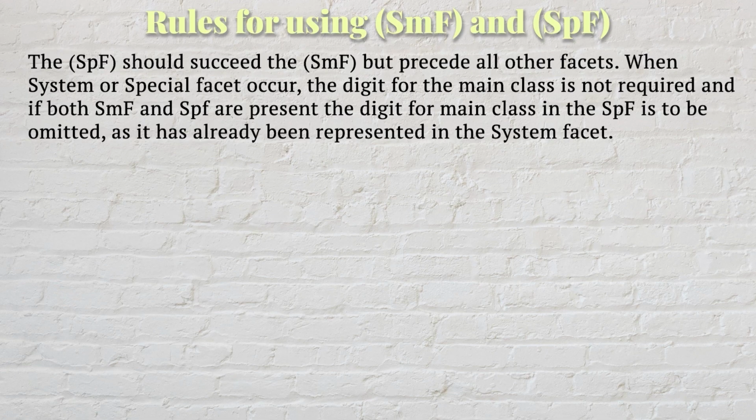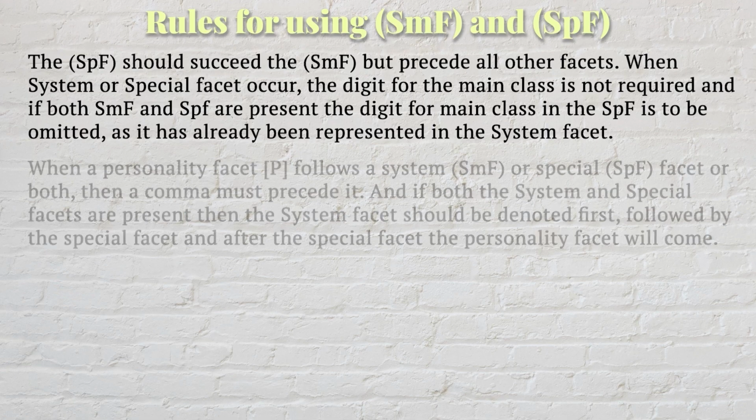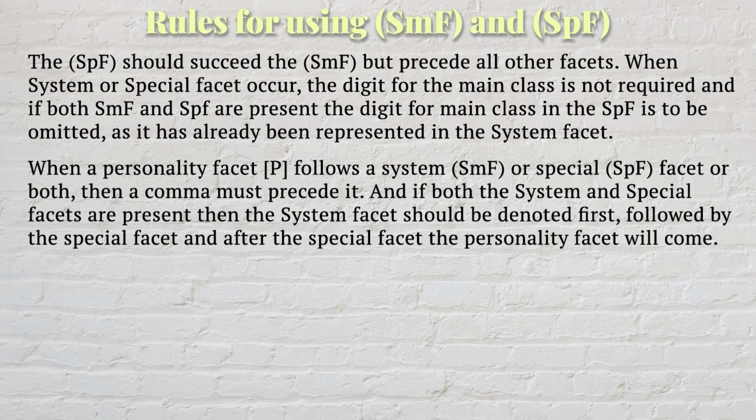When system or special facet occur, the digit for the main class is not required, and if both system facet and special facet are present, the digit for main class in the special facet is to be omitted as it has already been represented in the system facet. When a personality facet follows a system facet or special facet or both, then a comma must precede it.